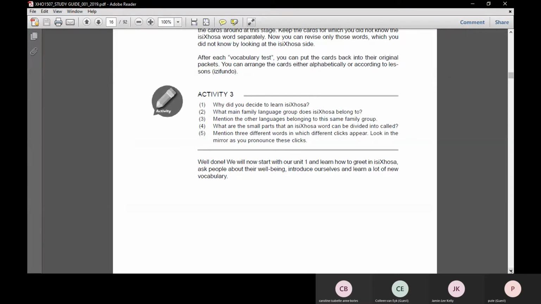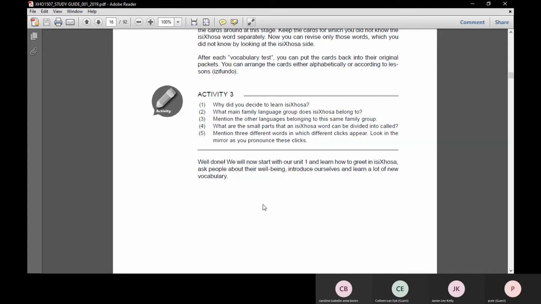Number 5. Mention three different words in which different clicks appear. Look in the mirror as you pronounce these clicks. Okay, forget the last part. Give me just three words that have the different clicks in them. Two days of the week have different click sounds.